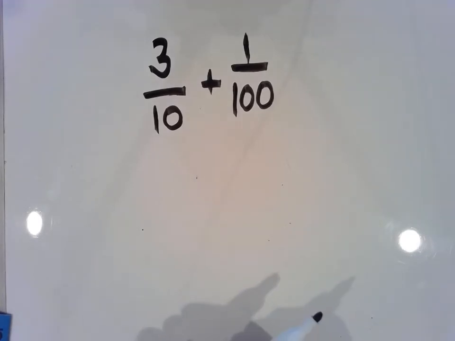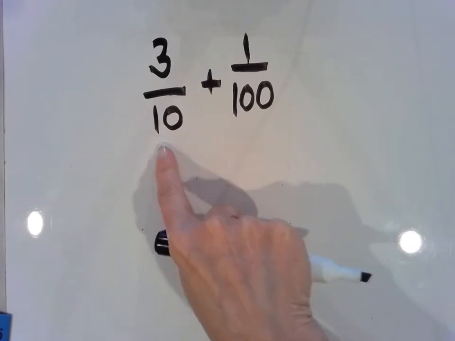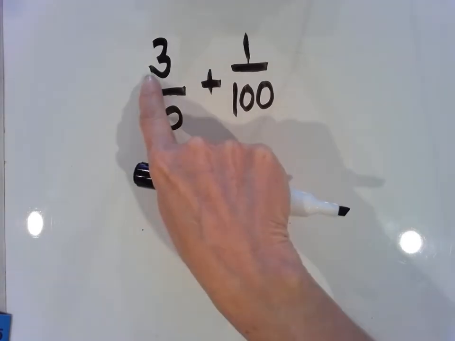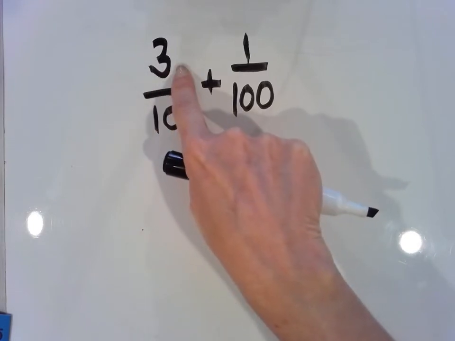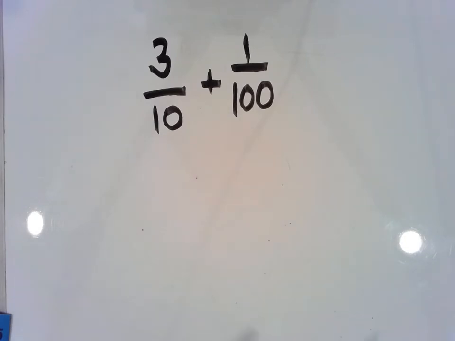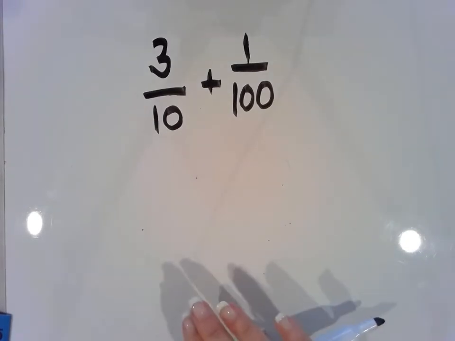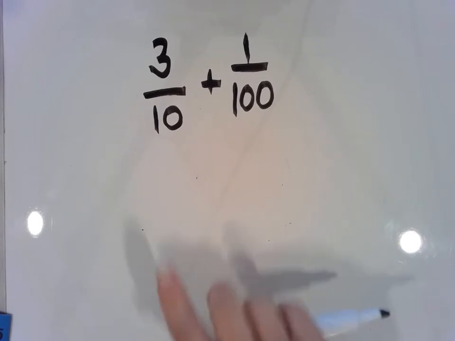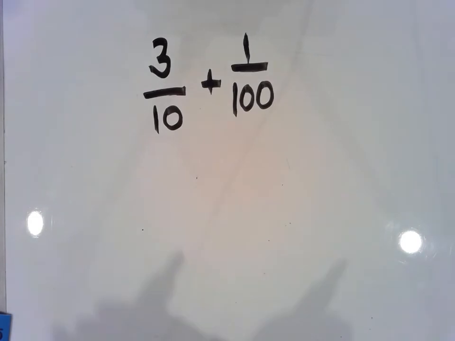Just a little funny story to help you remember. So whatever I do to the bottom, I must do to the top. And whatever change I make on top, I have to make that same exact change on the bottom. Let me show you what I mean. I'm going to use a number to change this number and this number, but I have to use the same one.